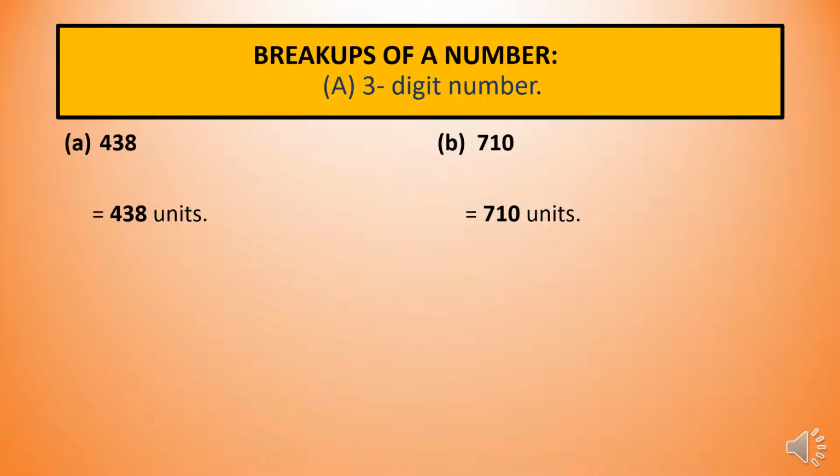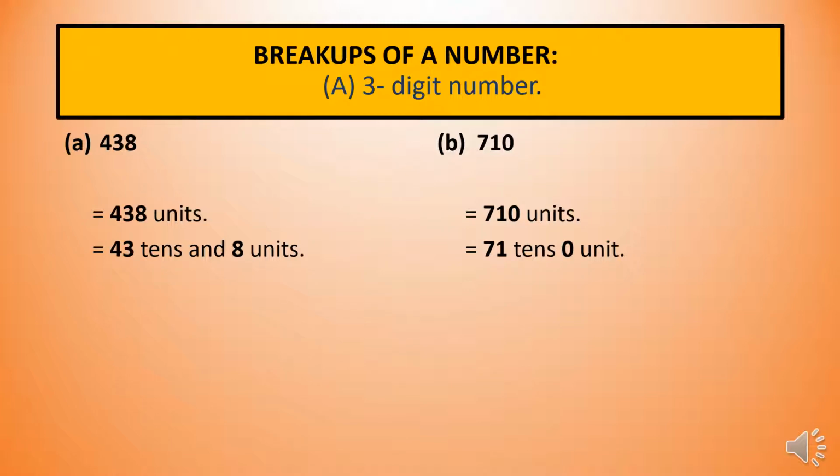So let us separate the units place and write the remaining numbers as tens. So the second step becomes 43 tens and 8 units. Similarly here it will become 71 tens and 0 unit. Whenever we have 1 and 0, we are not going to add s.